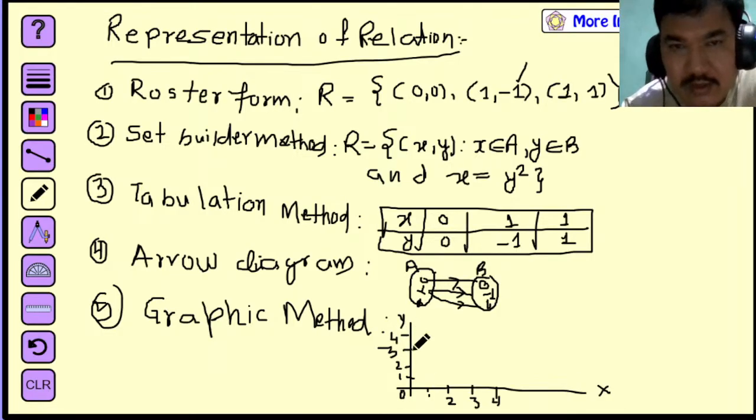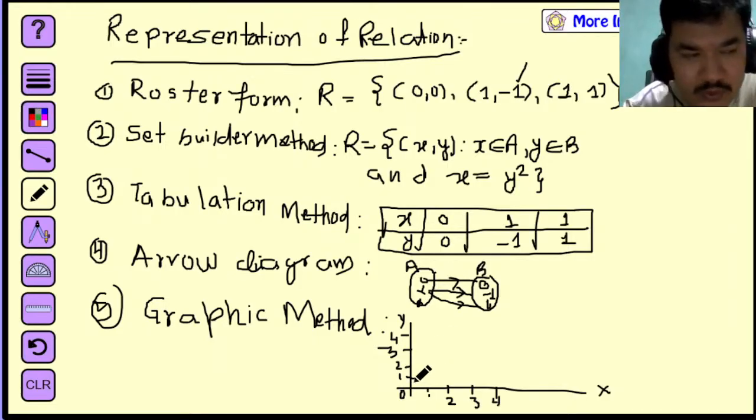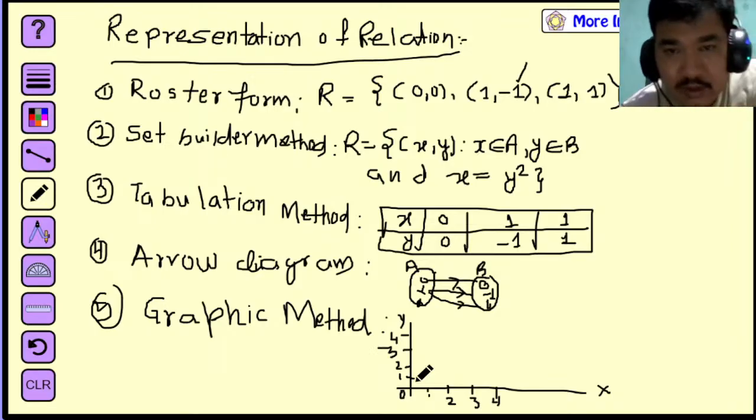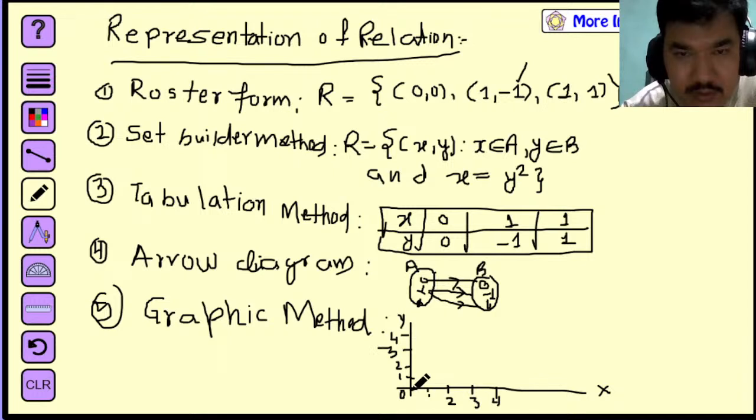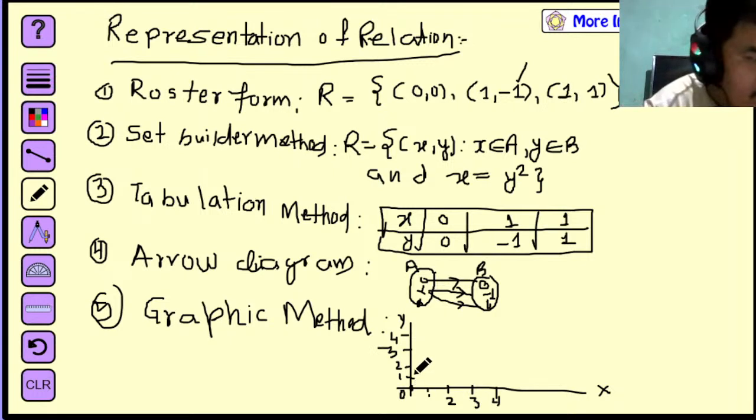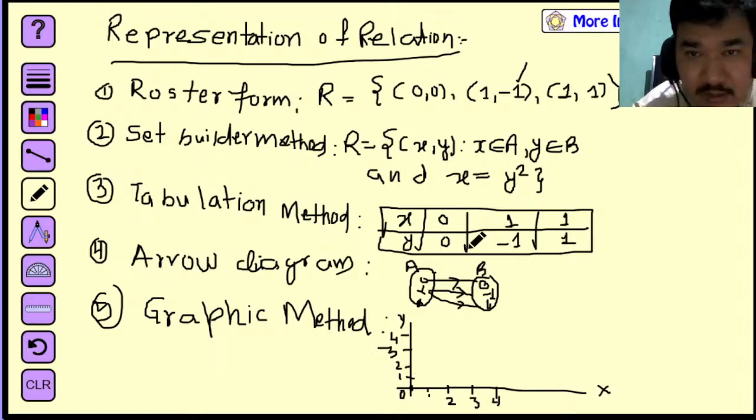Let's write the ordered pairs. The first one is 0, 0, which is the origin, whose coordinates are 0 comma 0. And the next one is 1 comma -1. Down it is, here is -1, here is 1. 1 comma -1 is this point.